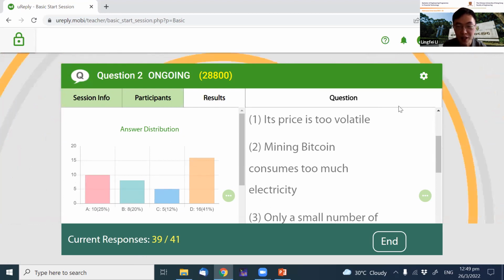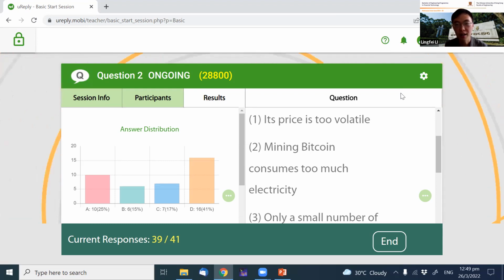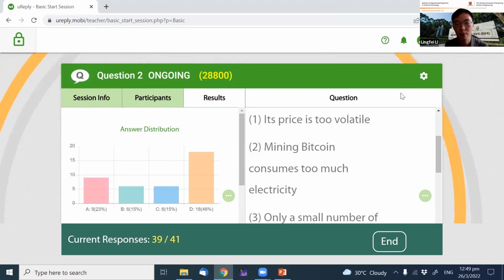The first one we've already seen from that chart. Its price is very, very volatile. Some people tend to think of Bitcoin as money, but because of this huge volatility, it cannot be used as a store of value, right? Let's say you have one Bitcoin today, worth $50,000 US, but tomorrow its value could drop like 20%.